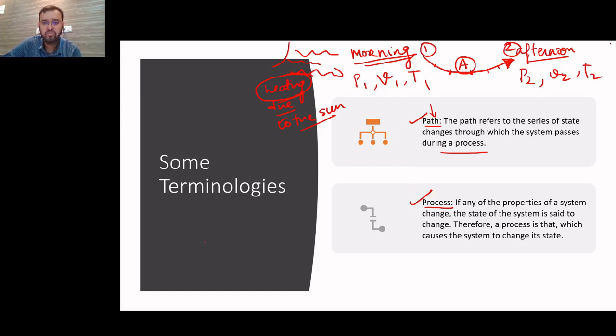So if you have a path, this is usually assigned to a single type of process. All right. So even in heating, there might be a specific kind of heating which causes this specific path. If you cause a different kind of process, the path may change, or quite likely will be a different path as compared to the original one. All right. So you have to understand that path is process dependent. Is it understood?